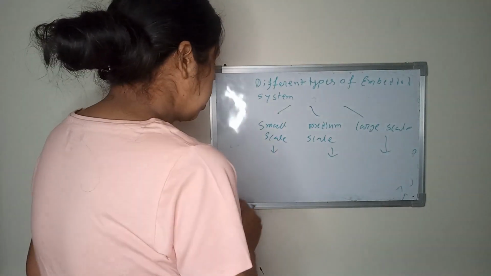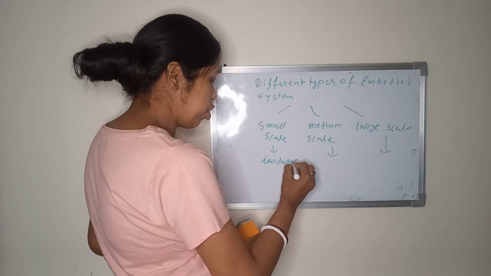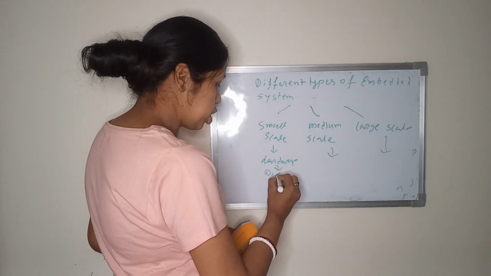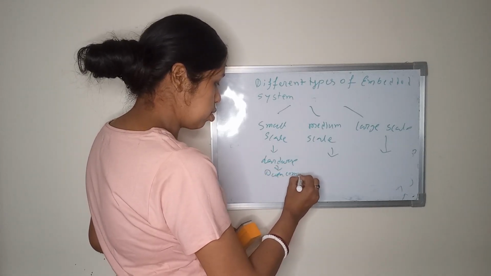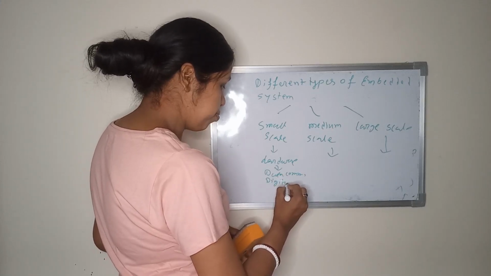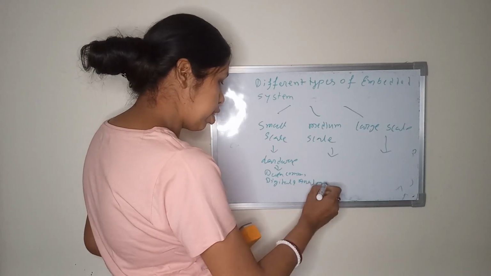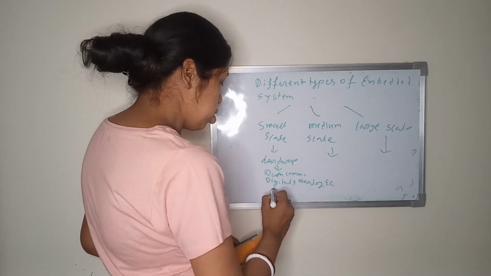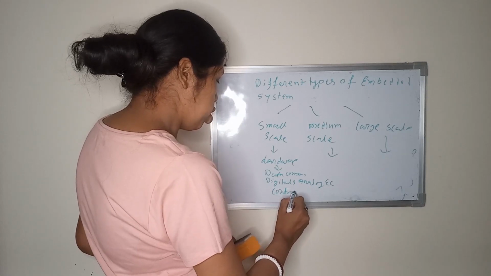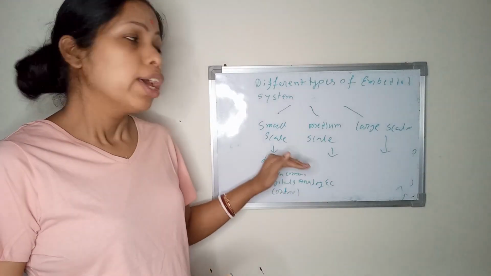For the small scale case, mainly only hardware knowledge is required: hardware like data communication, digital and analog electronics, then control systems. The people who have such knowledge can build a small scale embedded system.